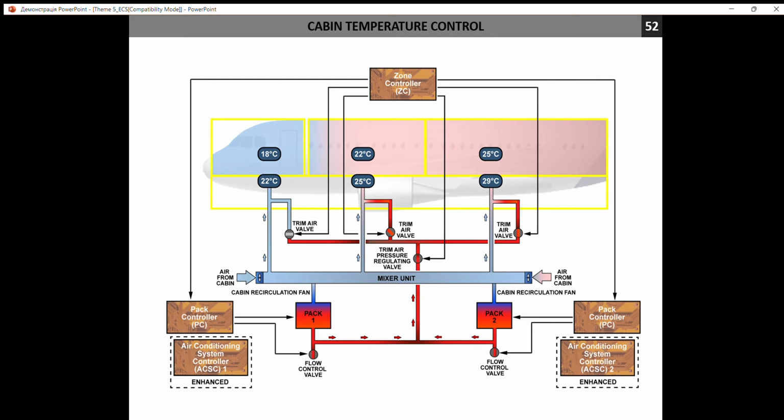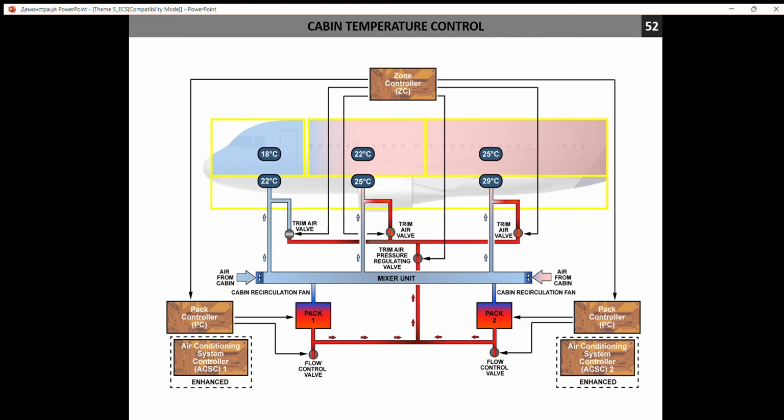In what way will we provide it? The first main idea of the temperature regulation: we don't have heaters, units that use energy, for example electrical power, for heating the air in the cabin. We use the principle of mixing.